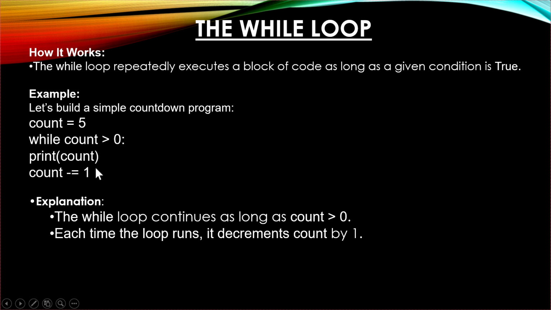Here we write count minus equals 1, meaning from 5 we decrease one number: 5, then 4, 3, 2, 1, like this. We can also use count plus equals 1 in the same way. So this is the easiest example for the while statement.